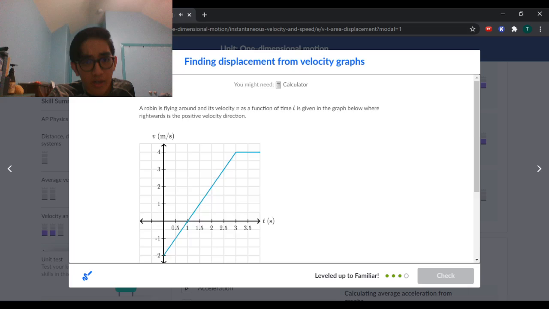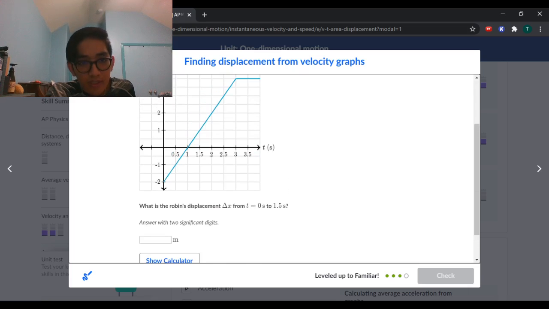One more. 0 to 5 seconds. This is one of the things that I want to talk about with 0 and 5 seconds. You can see here that there's a negative and a positive displacement, so you're eventually going to add those displacements once you've found them, right? So let's find the displacement between 0 and 1 second. It's a triangle, so again, I'm not even going to help you.